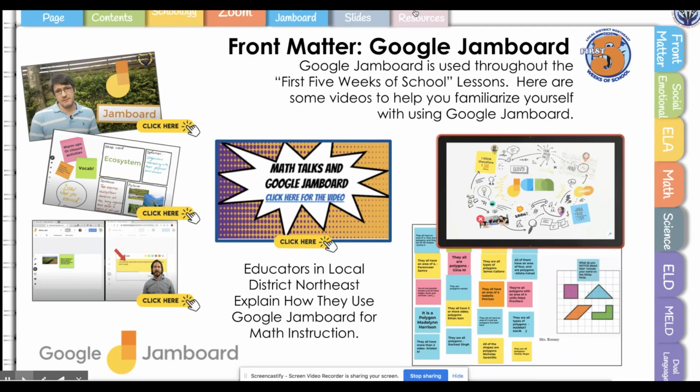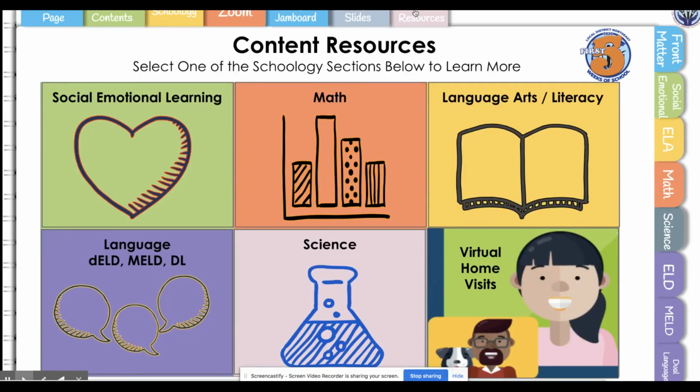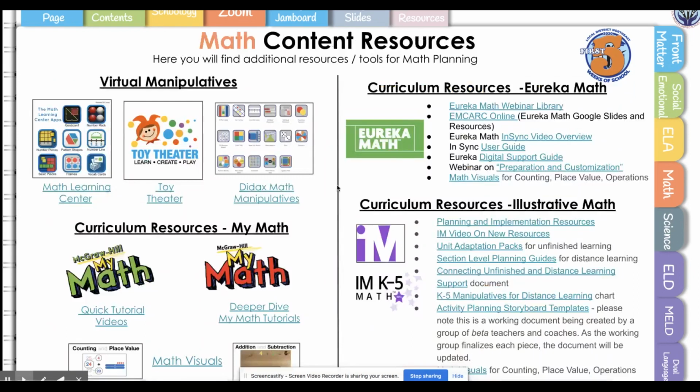Another resource that you will see here are the content resources. If I click on this, I'll get to a section where I can choose a different page. If I choose math, for example, I'll be taken to a page with additional links and tools to support me in using my curriculum and virtual manipulatives.